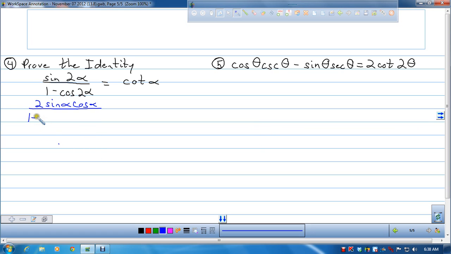So if I'm subtracting, if I have a positive 1 in these parentheses, then that's going to allow me to get rid of the 1. And the double angle formula for cosine that has a positive 1 is 1 minus 2 sine squared alpha.